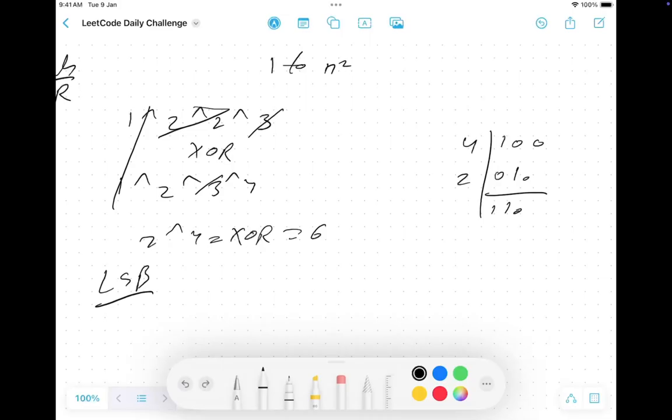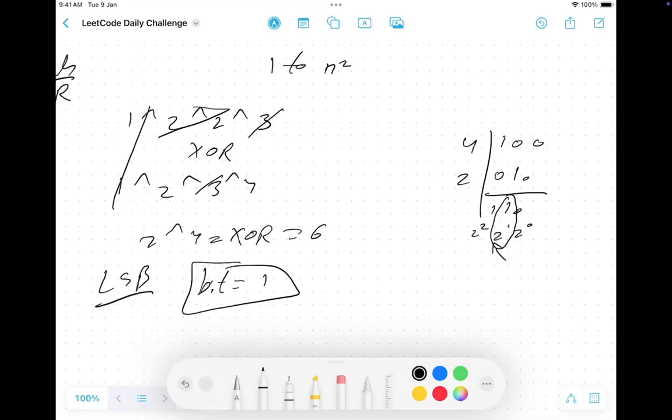The position numbers are 2 raised to power 0, 2 raised to power 1, and so on. So our bit is 1, which is this. So we need to find the least significant bit. How will we find the missing and repeating number?